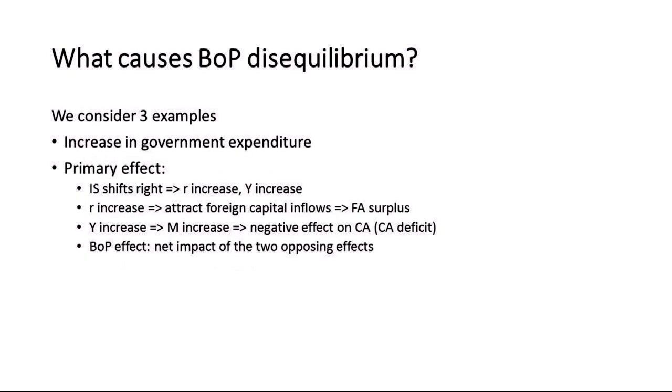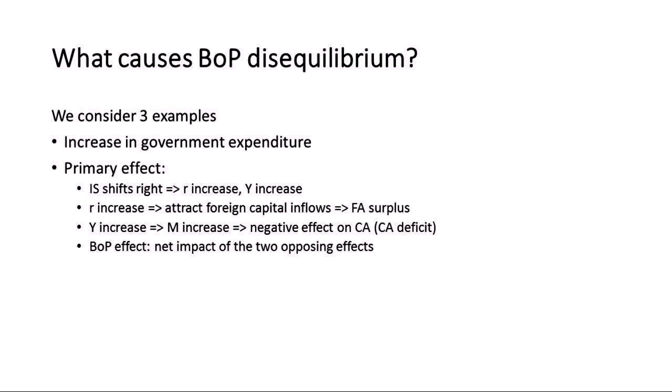If we consider an increase in government spending, we know that initially this moves the IS curve to the right, which leads to an increase in interest rates and an increase in income at the new equilibrium. But this increase in interest rates also attracts foreign capital inflows, which leads to a surplus on the financial account.